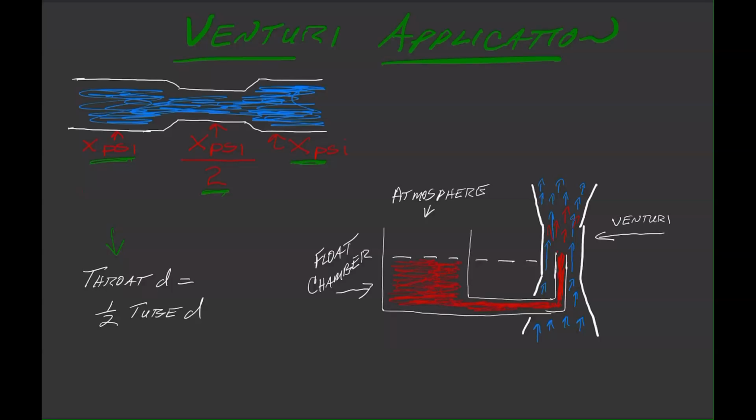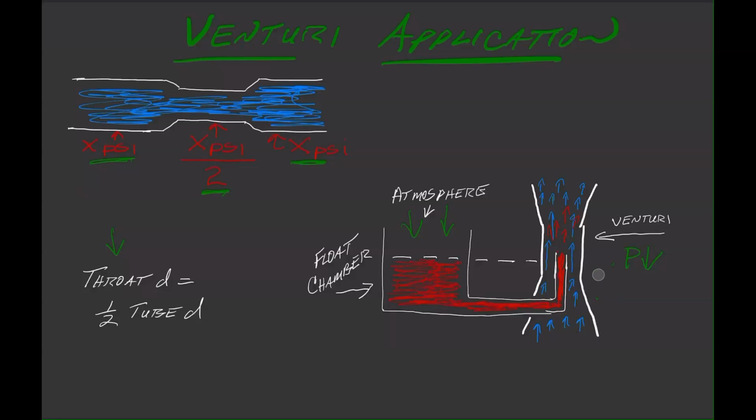So let's take a little float chamber and fill it with gasoline. The gasoline is in red, and we have atmospheric pressure pushing down right here. It comes over to a tube, and the tube is placed in a Venturi. You see the air moving up in the Venturi, which causes the pressure here to decrease.